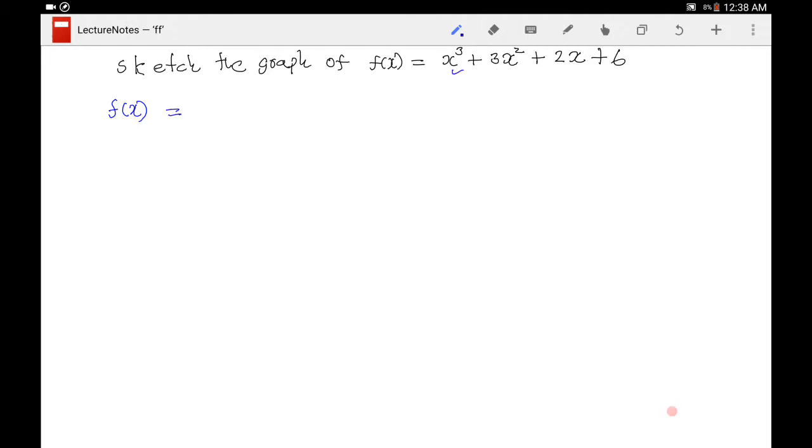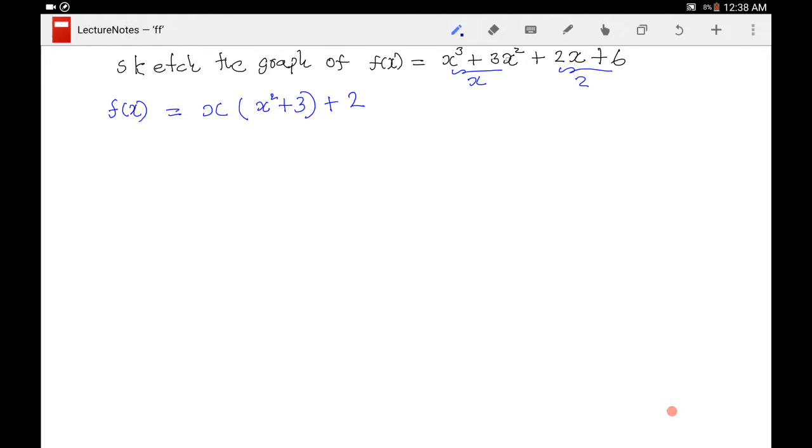If you look at these two terms, you have a common factor x squared, and in these two terms you have a common factor 2.